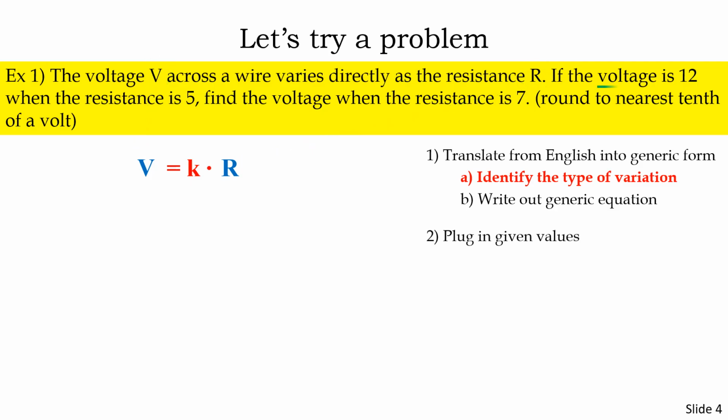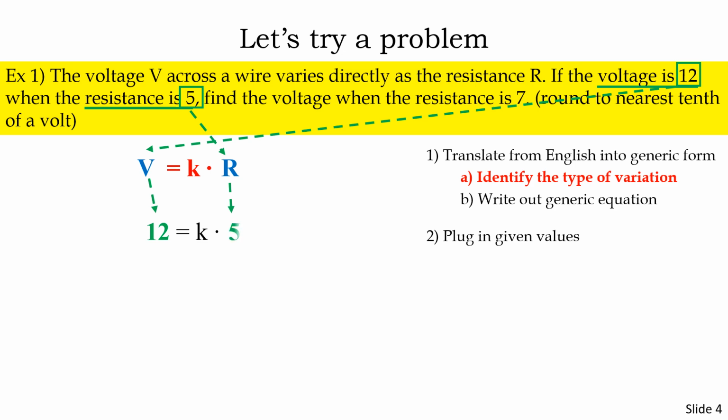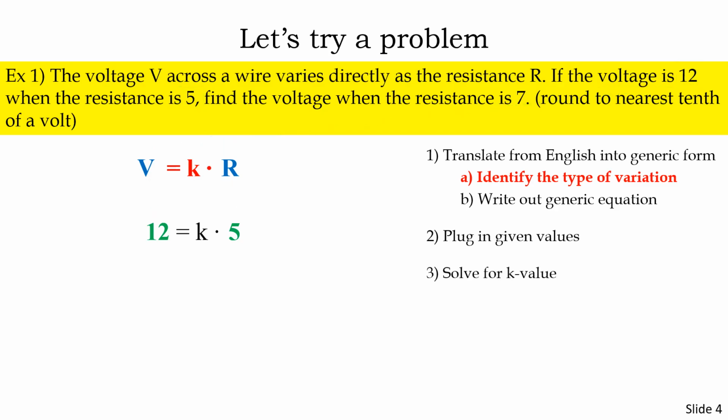Plug in the given values. Well, we're told the voltage is 12 when the resistance is 5. So we end up with 12 equals k times 5. Solve for k. Divide both sides by 5. So k is 12 over 5, or 2.4.